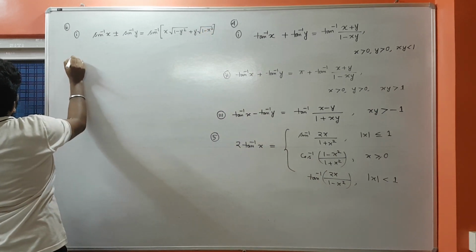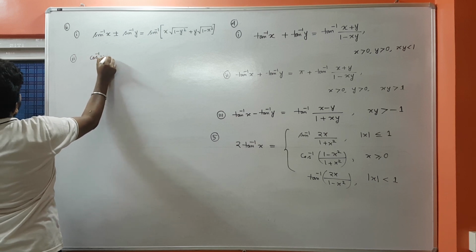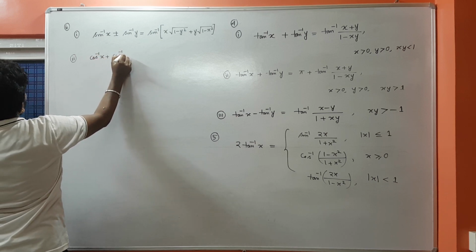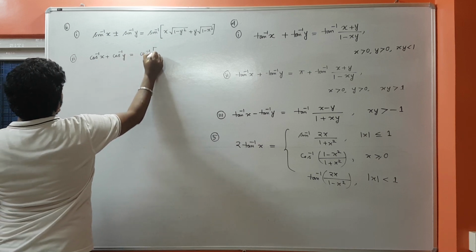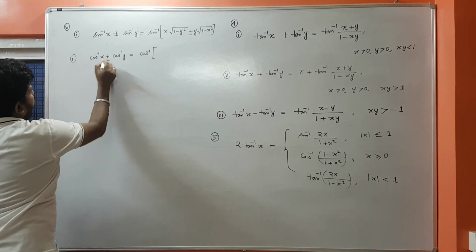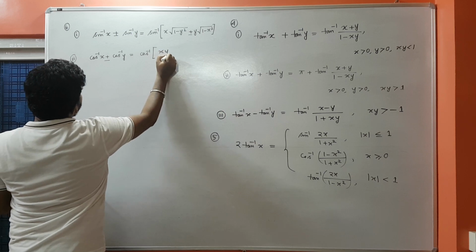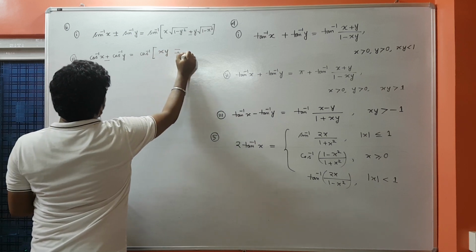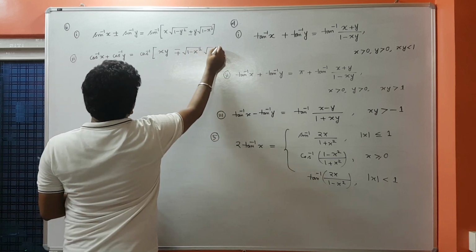Number 2: cos inverse of x plus cos inverse of y is equal to cos inverse of x into y minus plus square root of 1 minus x square into 1 minus y square.